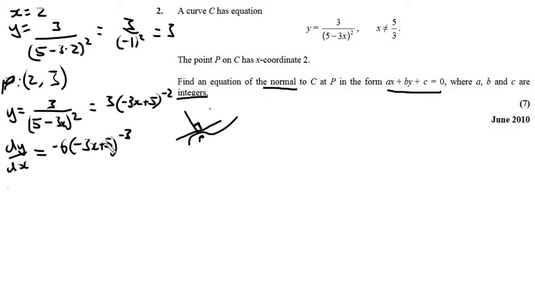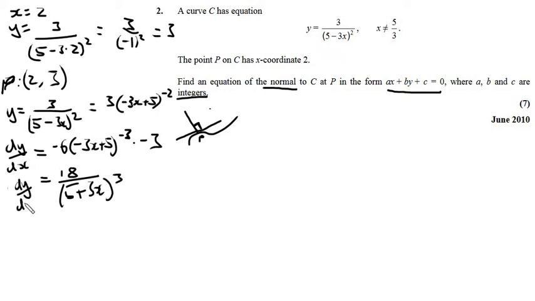And this times the derivative of the stuff inside the brackets, which is just negative 3, times negative 3. And so this is just an application of the chain rule. So negative 6 times negative 3 is positive 18, all over 5 plus 3x to the power of 3.